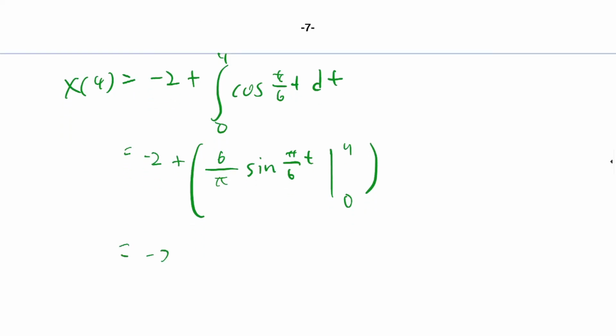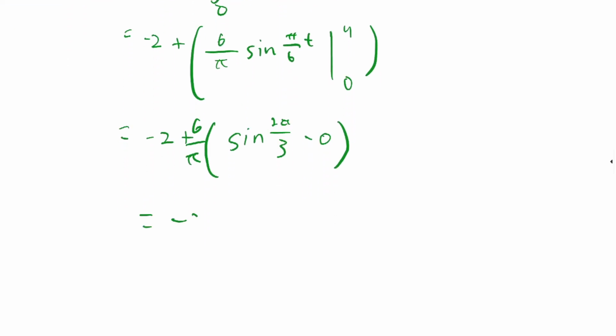This is really negative 2 plus, and sine of 4 pi over 6 is the sine of 2 pi over 3. I'll bring the 6 over pi out. So we have 6 over pi sine of 2 pi over 3, and then it's just 0, so minus 0.